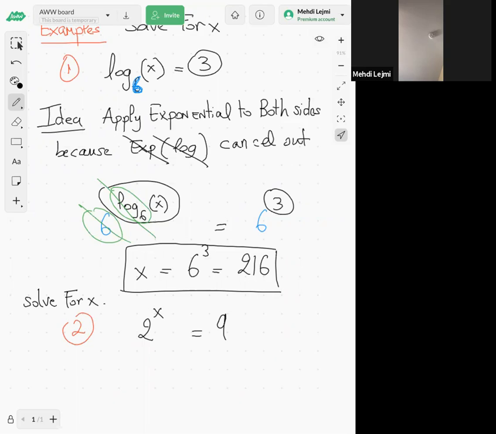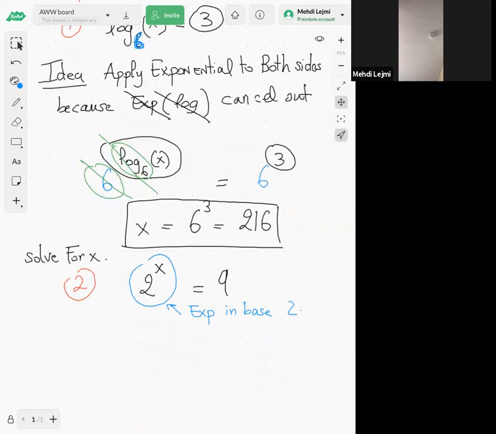So what do we have here? This is 2 to the power x, so this is like exponential in base 2, right? I want to get my x, so to get the x, I want to get rid of the exponential, and to get rid of the exponential, of course, we have to apply log, right?